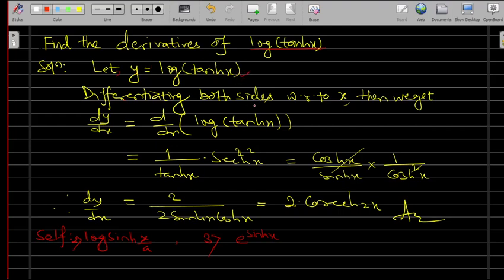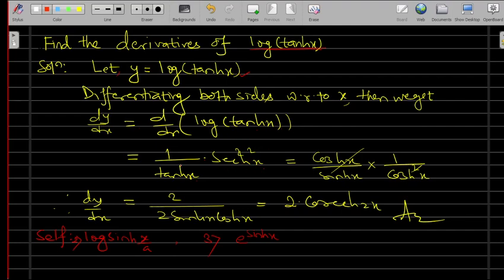Now differentiating both sides with respect to x, we get dy by dx equal d by dx of log hyperbolic tan x. The derivative of log x is 1 by x, that's why 1 by hyperbolic tan x times the derivative of hyperbolic tan x, which is hyperbolic sec square x.